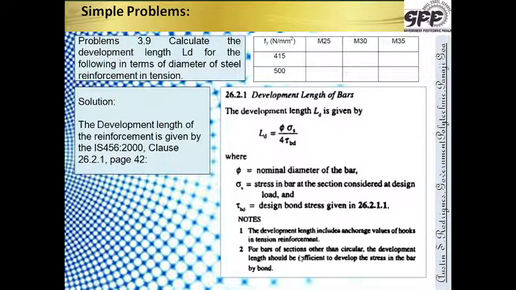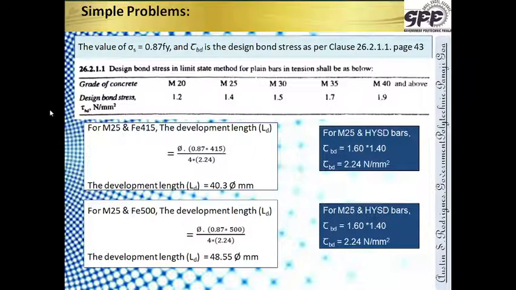Okay, at the design load, how much should be the LD? And tau bd, the design bond stress, has been already provided to us in table 26.2.1.1, page number 43. Now the value of sigma s is equal to 0.87 Fy, as we have seen earlier. Tau bd is the design bond stress which has been given in this particular table. Now when we are looking at M25 and Fe415, for M25 the value of the bond stress is 1.4.